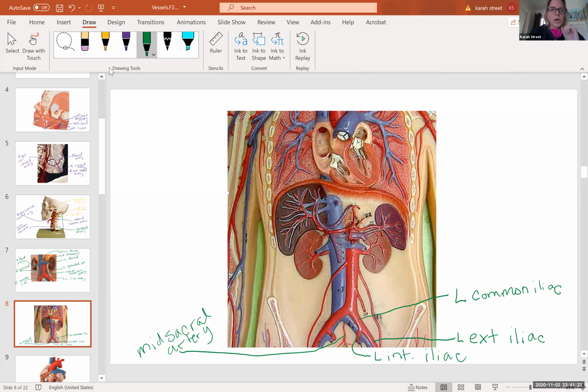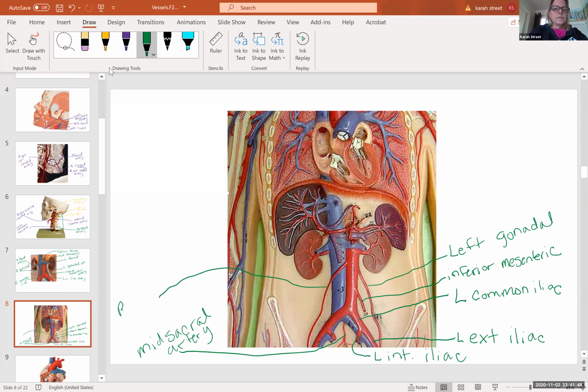And now let's work our way up. Here is the inferior mesenteric. Here's the left gonadal. There's the right gonadal.